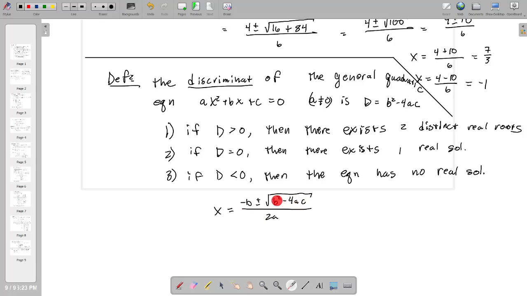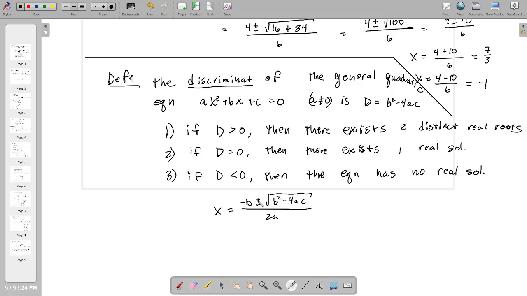So if the discriminant is positive, then we have negative b plus or minus a number divided by 2a, meaning that negative b plus that number and negative b minus that number will generate two distinct real solutions. However, if D is equal to 0, then we only get a single solution. Why?